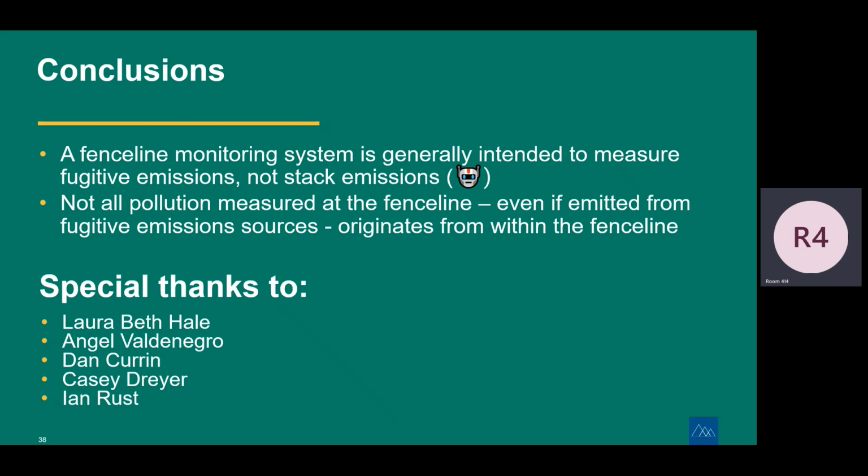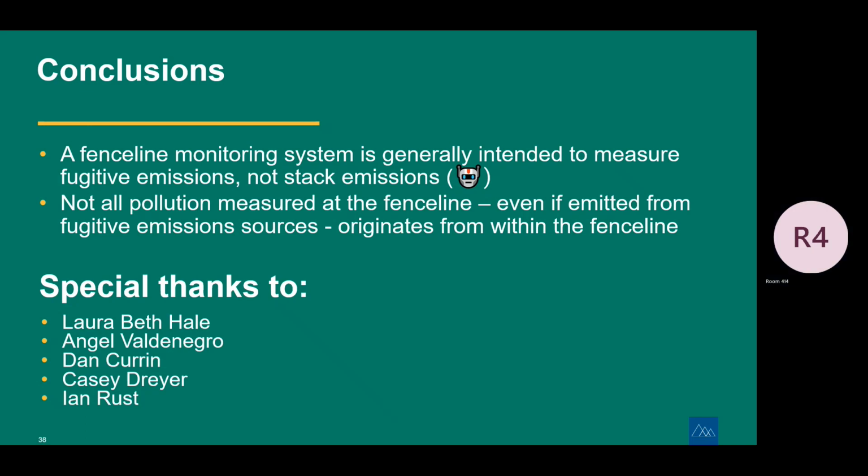I want to give an acknowledgement to some people that helped me put this together. Laura Beth Hale was a great help in putting together the slides on the Dominguez Channel event. Angel Valdenegro is our site operator in Torrance. I want to give him credit because being able to discern very small black carbon trends on the order of nanograms per cubic meter only happens when you're operating your instrument exactly as it's supposed to be operated, adhering to all kinds of maintenance and QC checks.